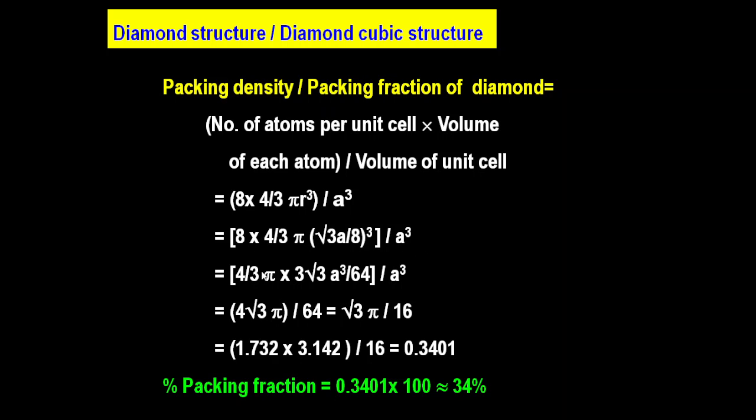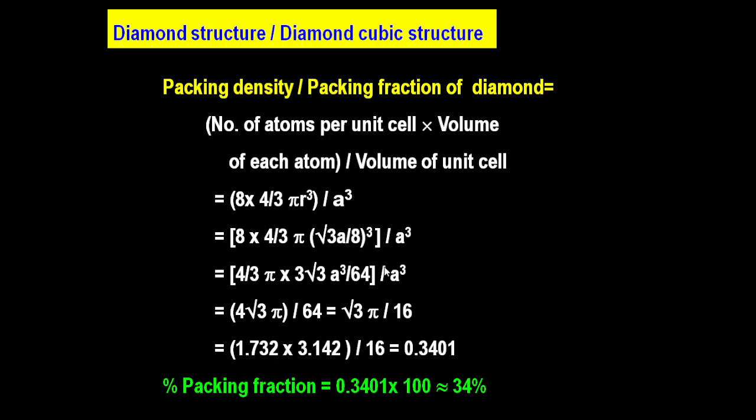Now we will calculate it. Root 3 cubed is 3 root 3 a cube, and this is 8 cube. One 8 in the denominator and one 8 in the numerator cancel out, so only 8 square remains, which is 64, divided by a cube.